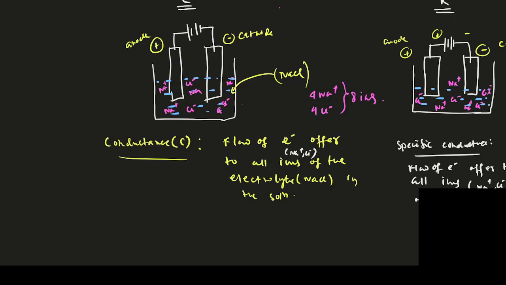So what it means is, as we already discussed in the previous class, we take this area as 1 centimeter square and the length between them is 1 centimeter. So this volume will be 1 centimeter cube, and 1 centimeter cube means 1 ml.